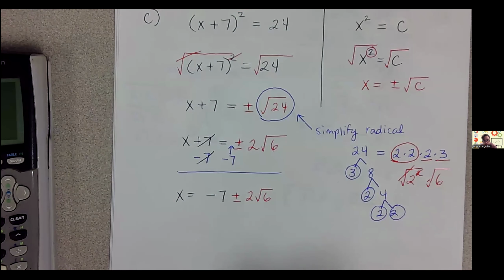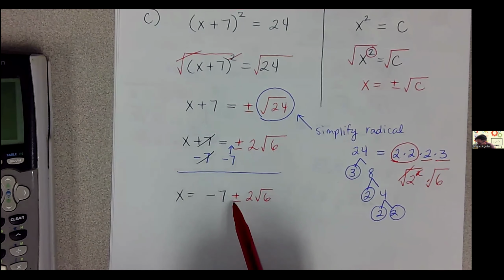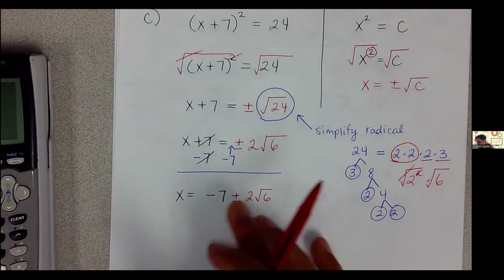And this might not look or feel like it's a complete answer, but the whole process here is that we're trying to get the x by itself. And we've done that. This number here, negative 7 plus or minus 2 root 6, is just a number, as ugly as it looks.